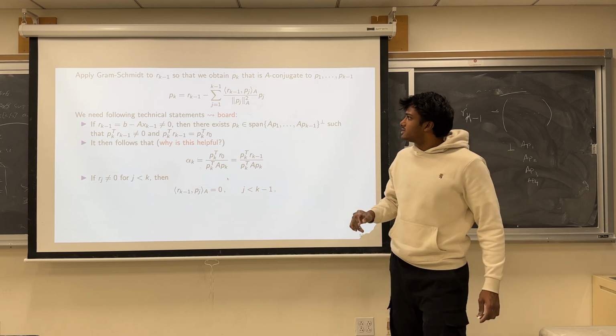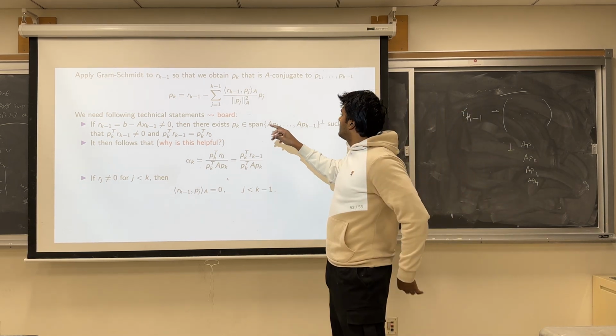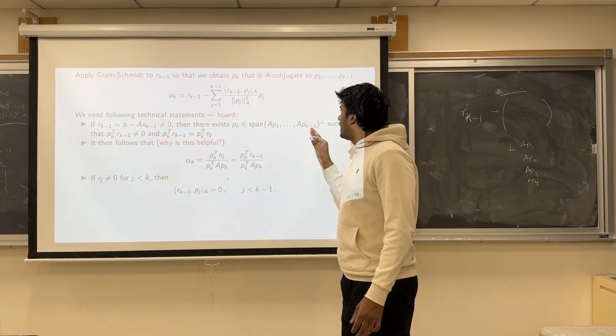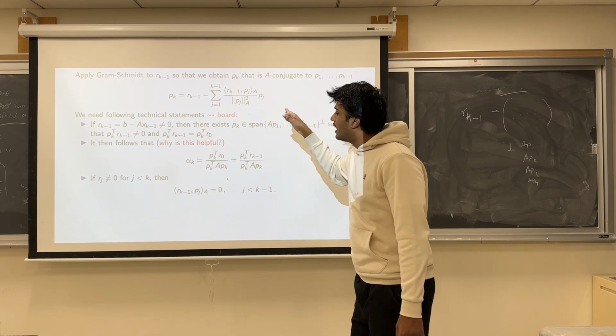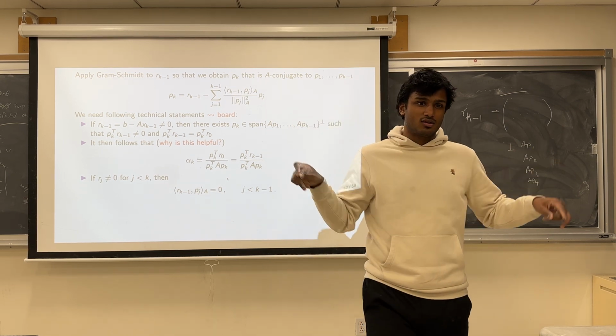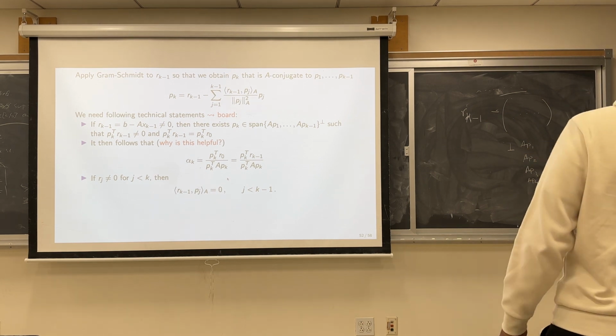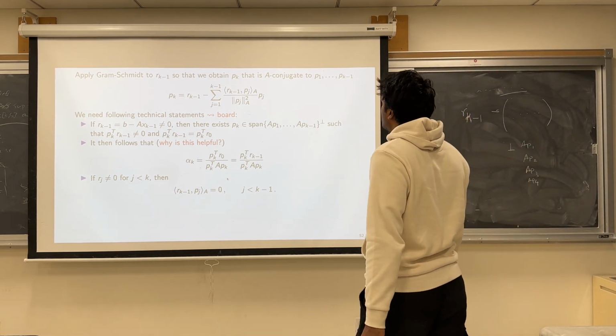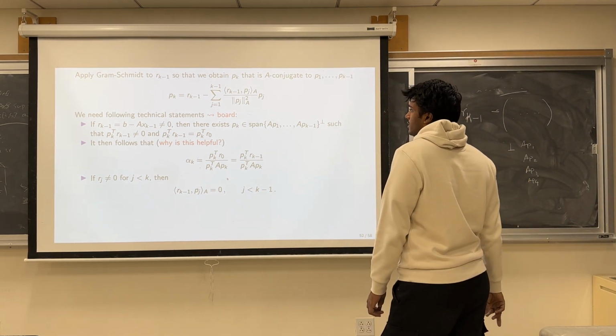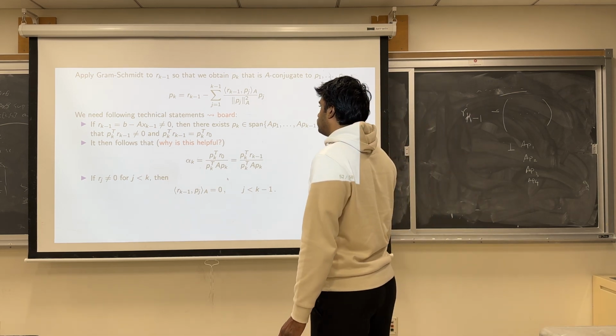All I'm doing is calculating my R_{k-1} and applying Gram-Schmidt to that, A-orthogonalized. So orthogonalize in the A space.